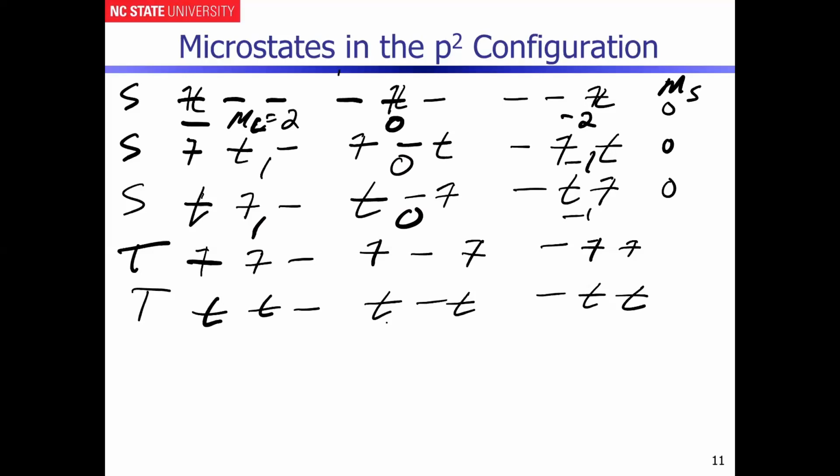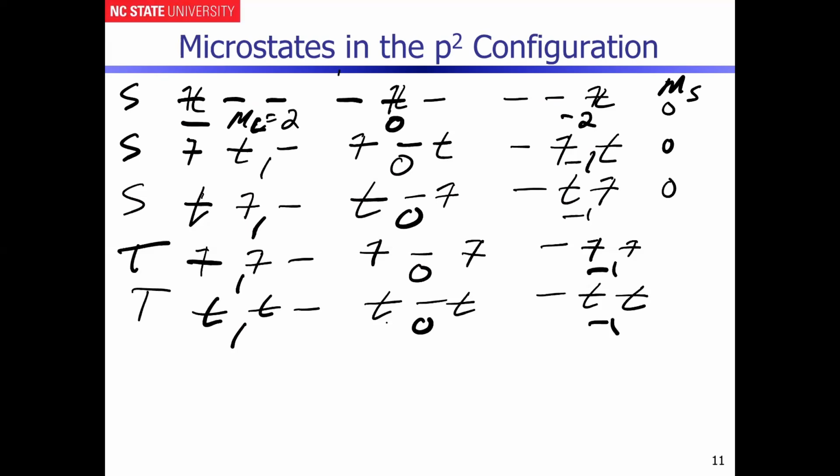And then we can continue into the triplet configurations too. You see the electrons are occupying the first two orbitals, so in both of those cases, the ml values are 1. In these cases here, they're still 0 because +1 and then -1 gives you 0. And then these are, again, all -1s.